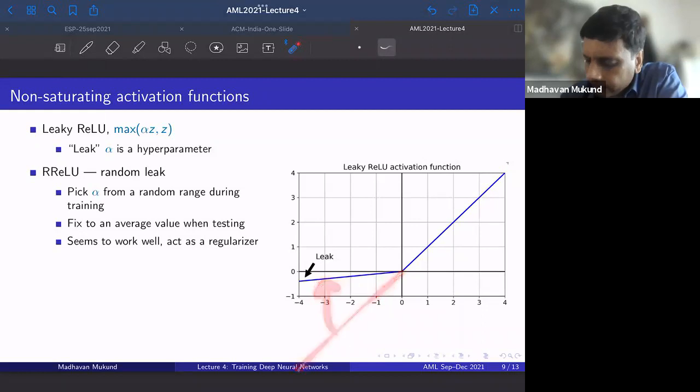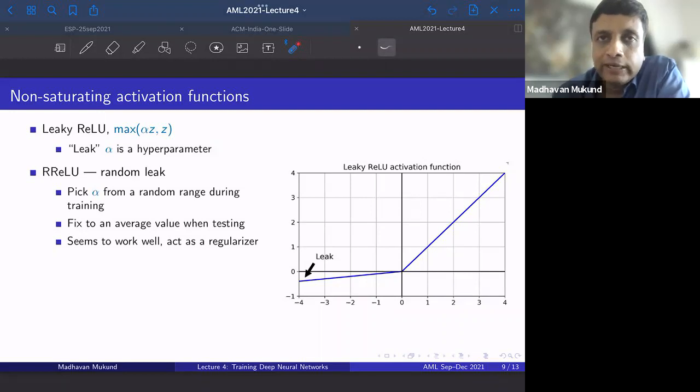But what we are saying is that you can either fix the alpha once and for all for every neuron, or you can pick alpha randomly. Now you can pick alpha randomly in many different ways. You can pick alpha randomly for each neuron, or you can pick alpha randomly in each cycle of your backpropagation. And eventually you have to use some alpha.